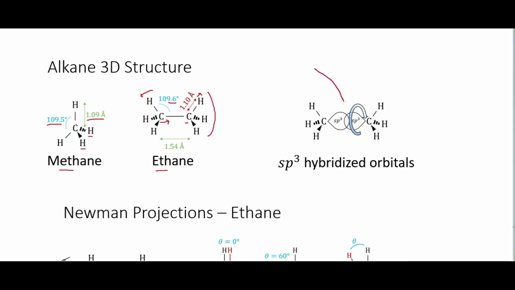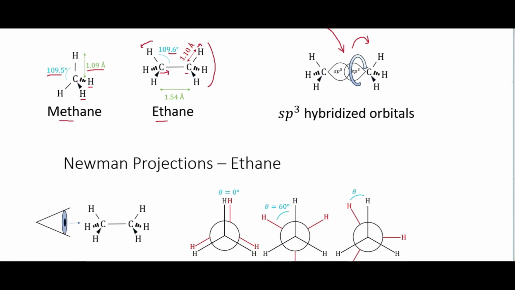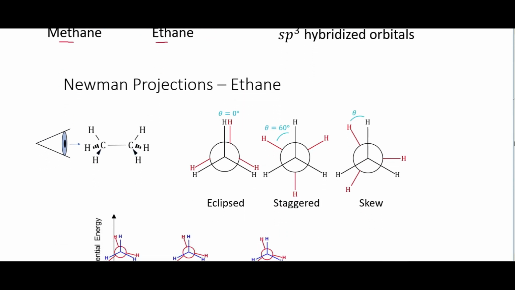So the other thing to notice is that in this ethane here with the single bond, we have these sp3 hybrid orbitals, and it is perfectly valid to rotate these around relative to each other, because there's no double bond here that is locking those into any conformation. And so we will actually use what are called Newman projections.